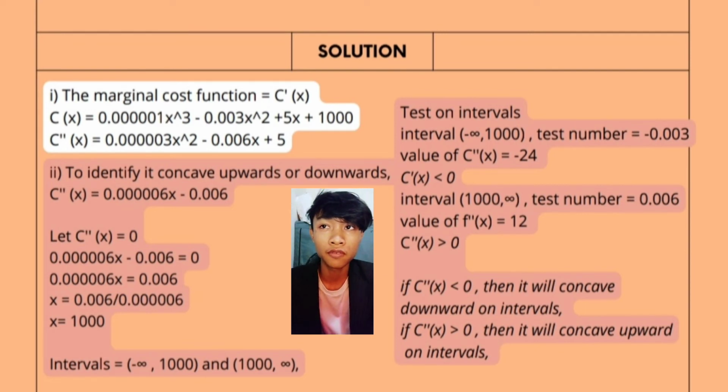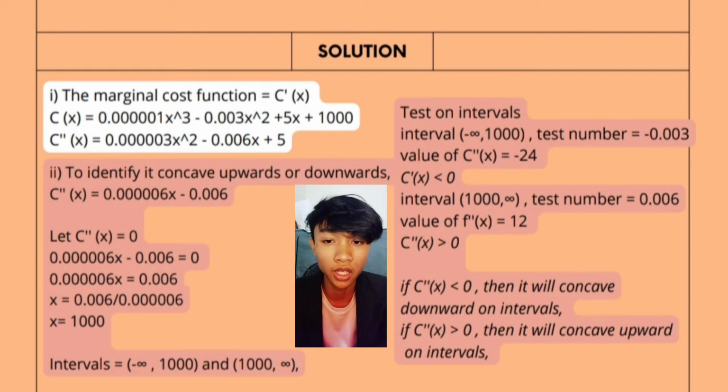When the derivative is applied to the cost function, it is 0.000003x to the power of 2 minus 0.006x plus 5.